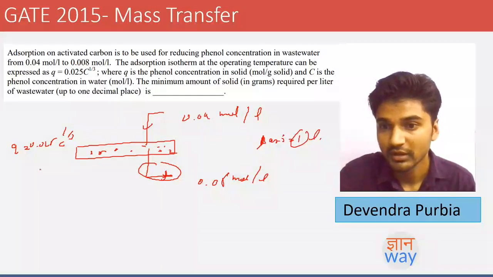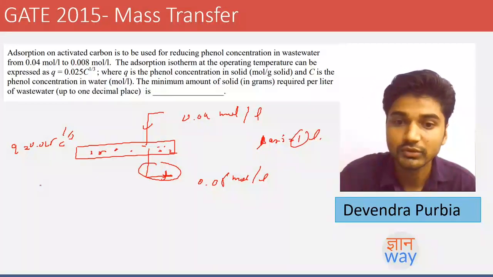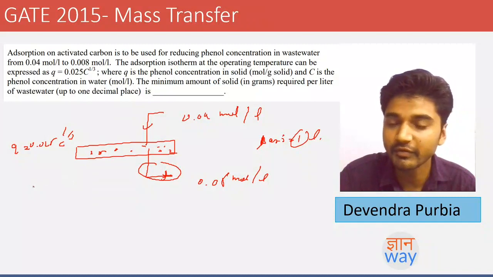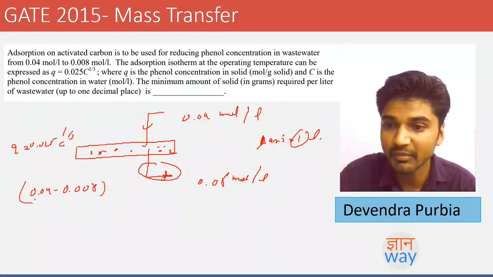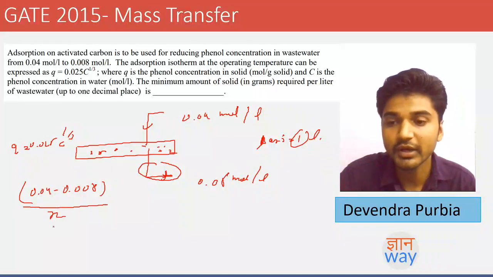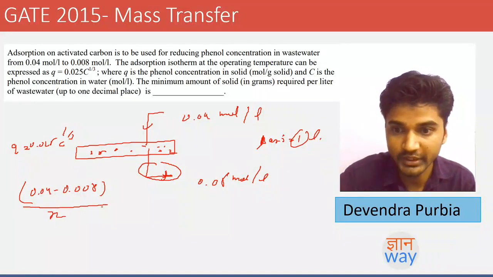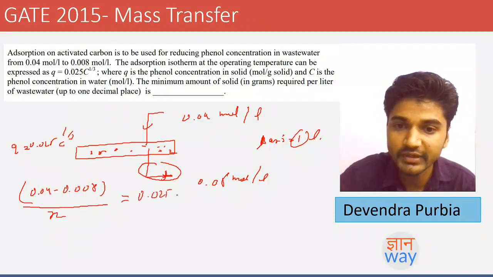So net change in moles, that is 0.04 minus 0.008 in 1 liter. This amount of moles are adsorbed per x gram of solid, and that should be equal to 0.025 times the concentration.